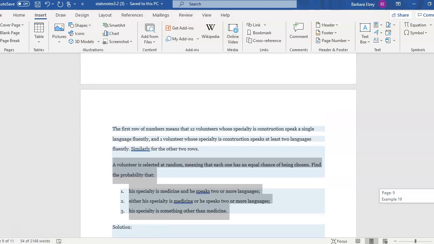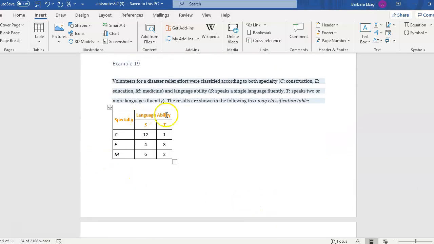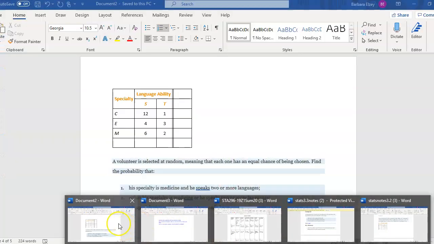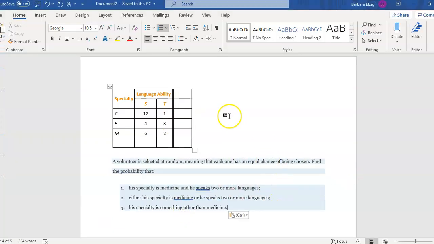Okay, so I have copied this and our questions onto another page so that we can work them. And you may have noticed that I've made the chart a little bigger because we're going to want to add some things. I'm going to add every row. So this will be 13, this will be 7, and this will be 8.